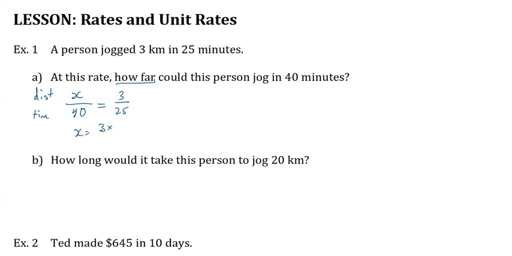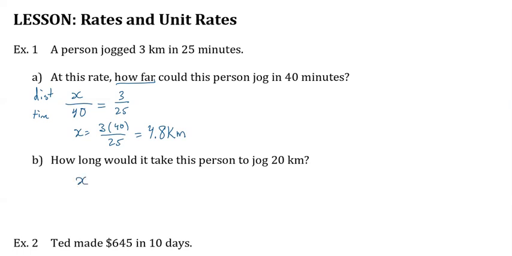How long would it take this person to jog 20 kilometers? So how long to go 20 kilometers? Now my distance is on the bottom and my time is on top. I use the same proportion from the beginning, but notice how my fraction flipped. In part A, I had 3 over 25, and in part B, I have 25 over 3.